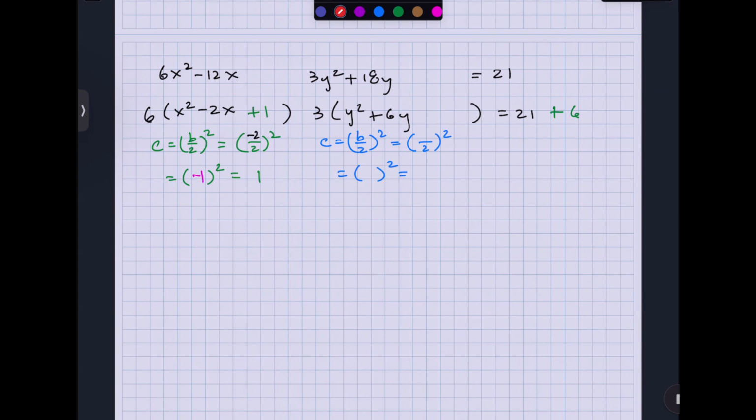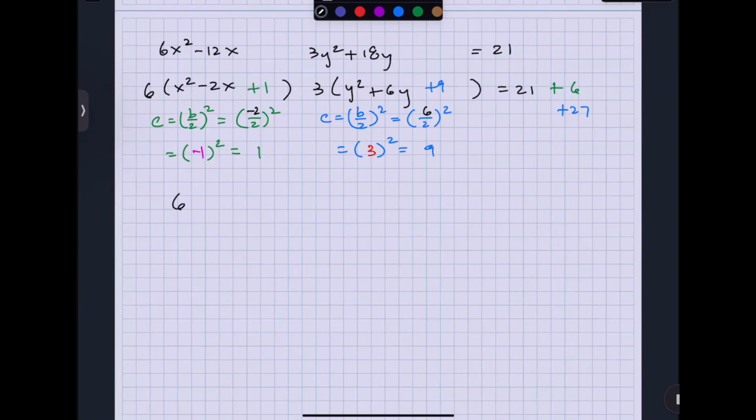On this one here, it is 3. 3 squared is 9. So we add 9 on this side and add 27 on this side. And that is equal to, what is that, 54? Is that right, guys? Yeah, 54.